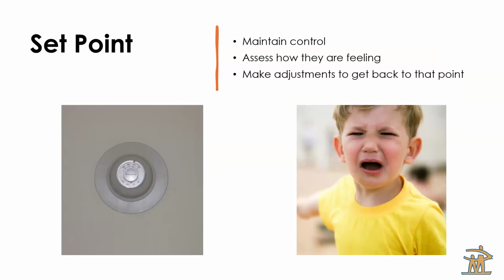Set point. Think about a thermostat. Set point is that ability to maintain control, assess how you're feeling, and then make adjustments to get back to that point. So everybody has their normal calm place in their body, and that's called their set point. Big feelings can push them away from that calm place.